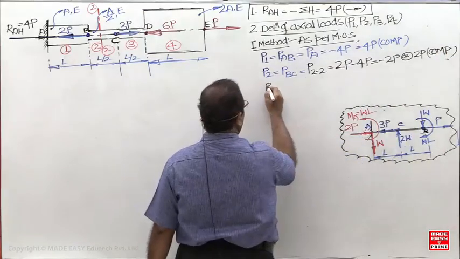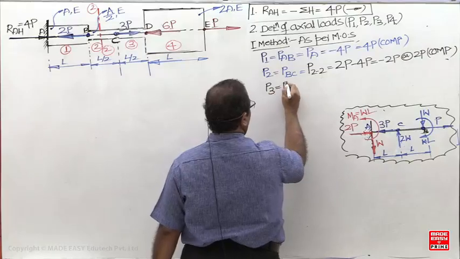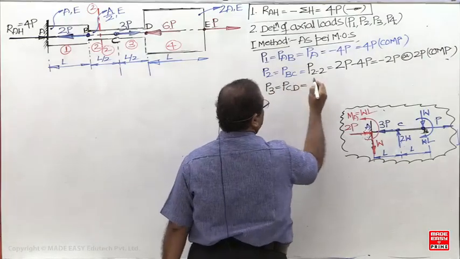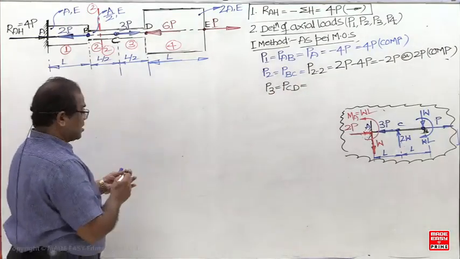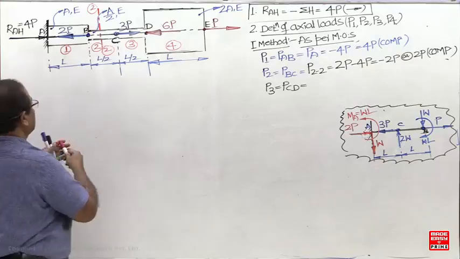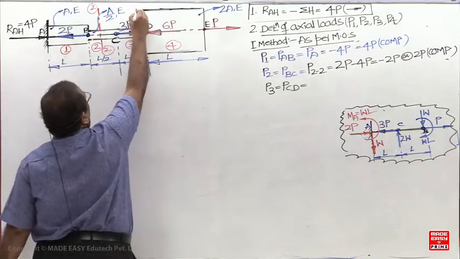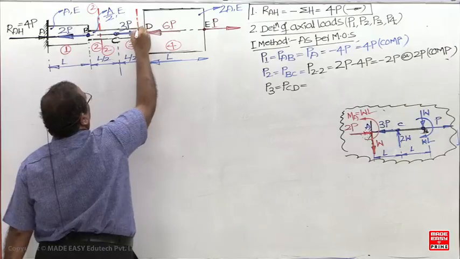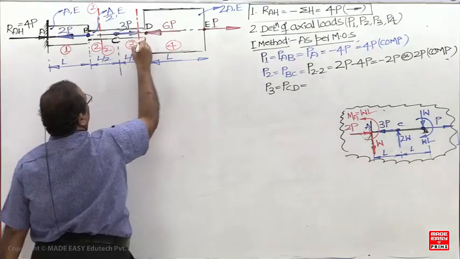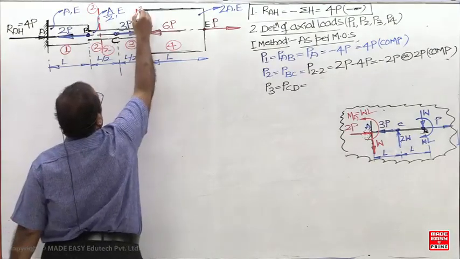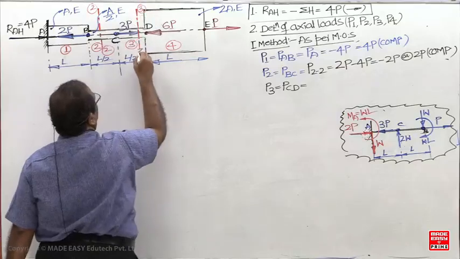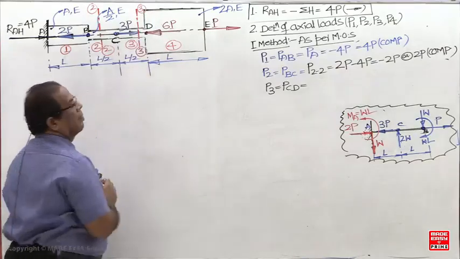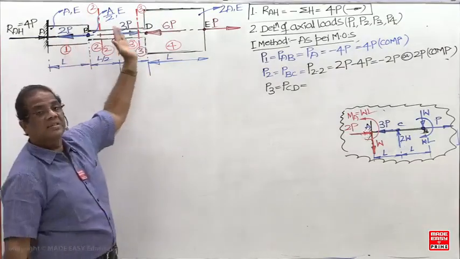Next. Once again, CD, the intermediate member. So once again a section is required. Then better to take which side?